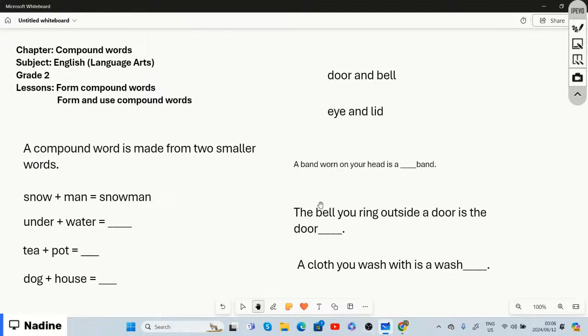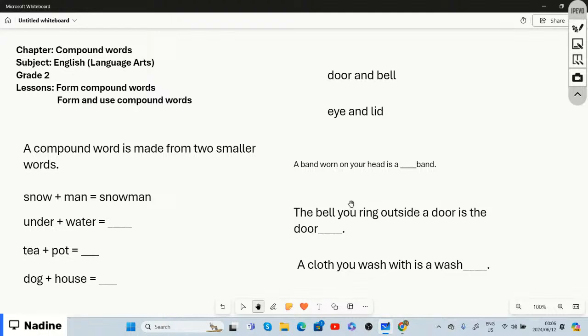And a compound word is made up of two smaller words. It is two smaller words that can each stand on their own. But once we add those two words together, it creates one specific word.